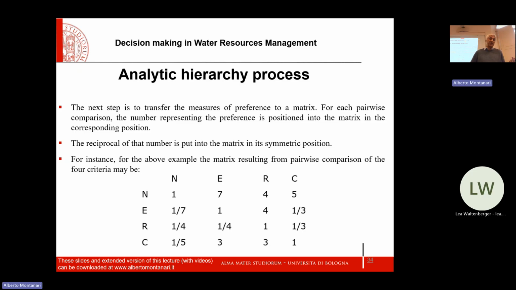Because if you say N is much more important than E, and N is more important than R but weaker in the second case, it means that R dominates over E. So when you go to the second row and you see people saying, I compare E with R, you have to form an expectation, like these people should say that R dominates E. If they say E instead dominates R, as in this matrix, you should immediately conclude this matrix is not going to be consistent.